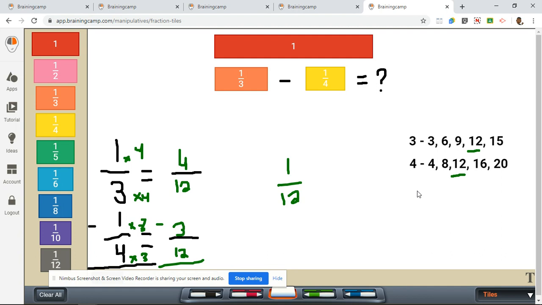Now, remember when I stated that I do not like multiplying both denominators? Here's my reasoning why. It does work, but let's say you have two denominators, such as 5 and 10. If you multiply 5 times 10, you're going to get 50, and therefore your denominators will become 50. But then if you have 50, you're going to more than likely end up having to simplify all the way back down. So you're going to end up doing more work.